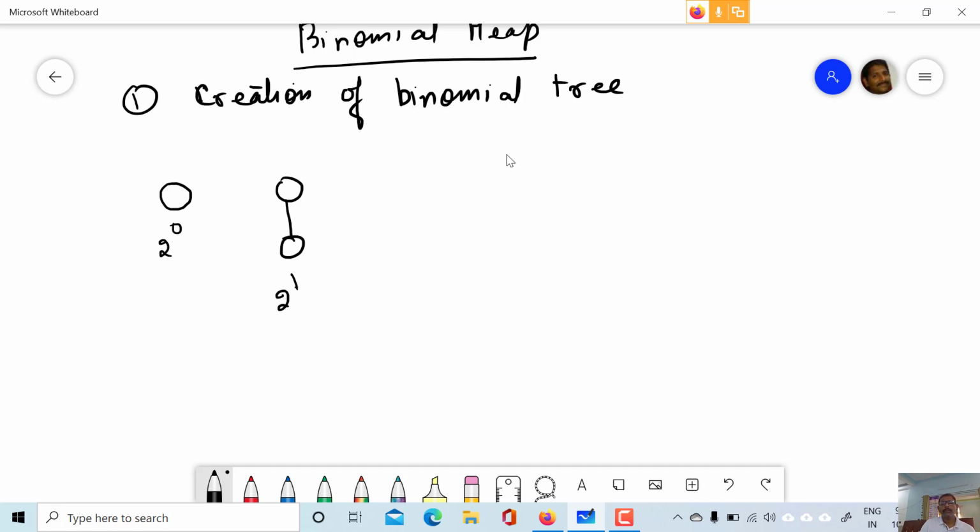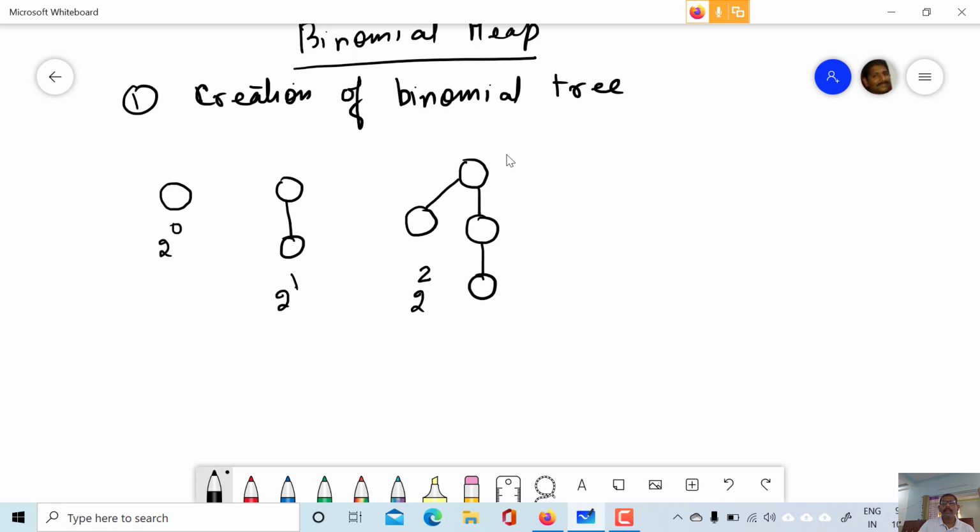Likewise, if we create a node and make these two binomial trees its children, in this branch I am making this the child, and in the next branch I am making this the child. So this is another binomial tree, and the number of nodes you can see is 2 to the power 2, that means 4 nodes are there.